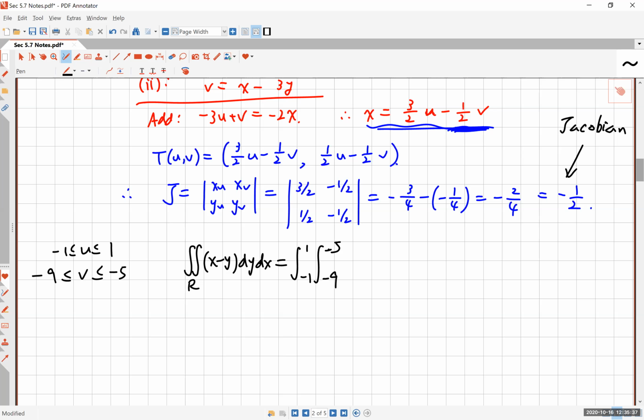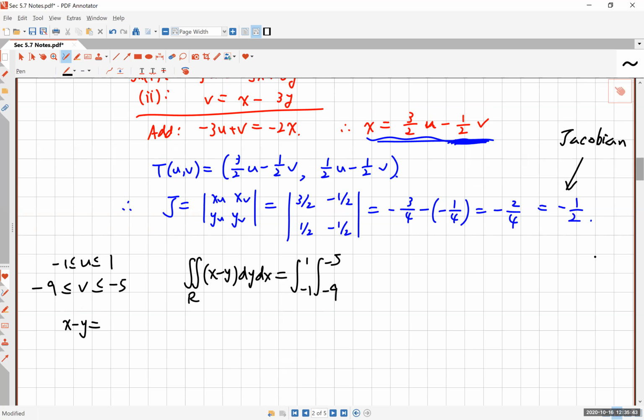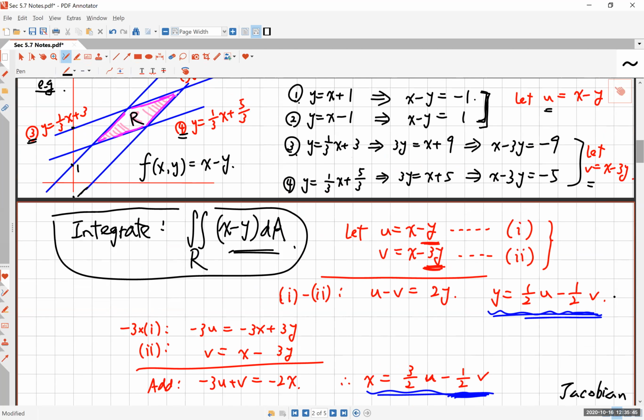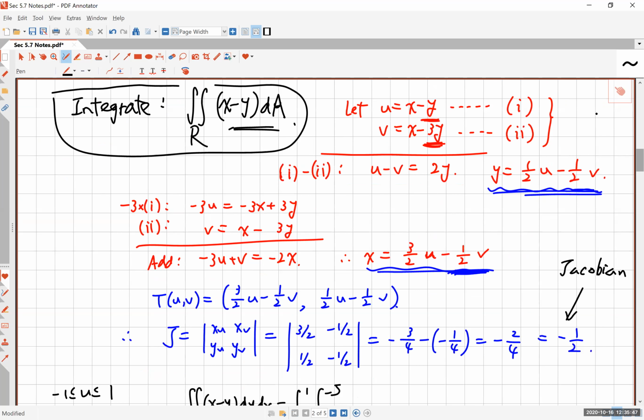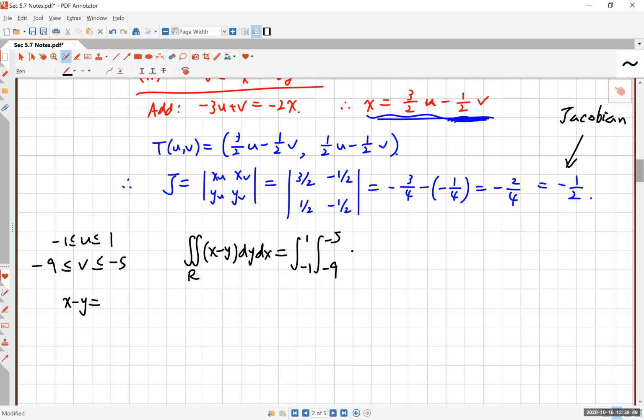Now what's x minus y? Well, we have a name for this, right? x minus y is exactly what we call u. So we are trying to integrate not x minus y, but in the uv land as opposed to the xy land, this expression x minus y has a simple translation. It's just u, okay? Because that's what you're integrating here, x minus y.